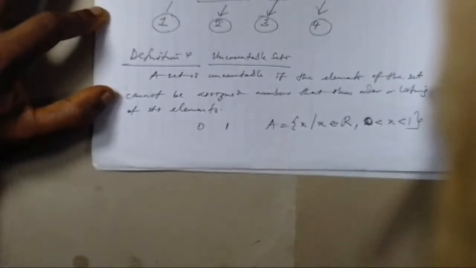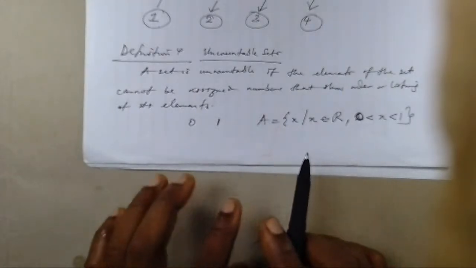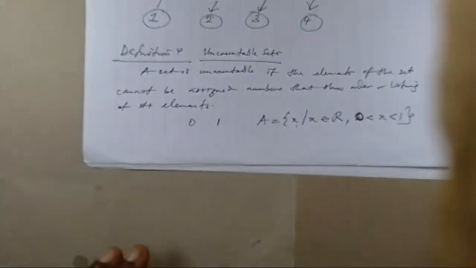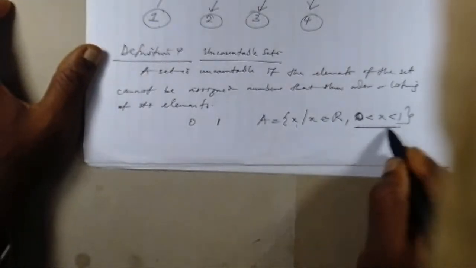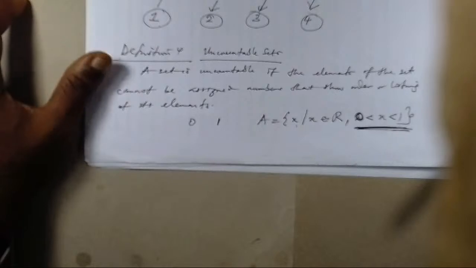So please take note. If I give you a set that describes every real number that lies between 0 and 1, you won't be able to describe this set because to the elements of this set, you cannot assign a unique number that shows the order of elements in the set.